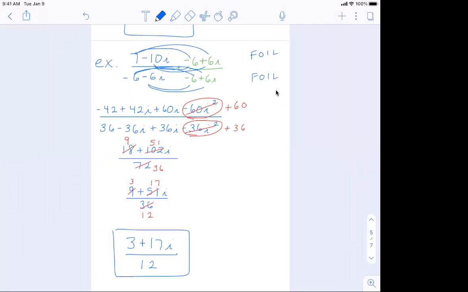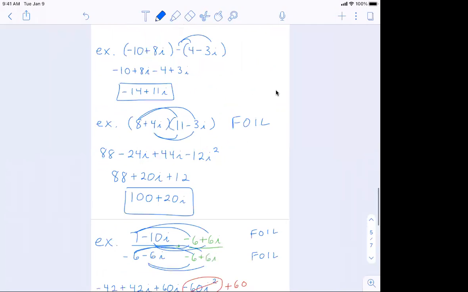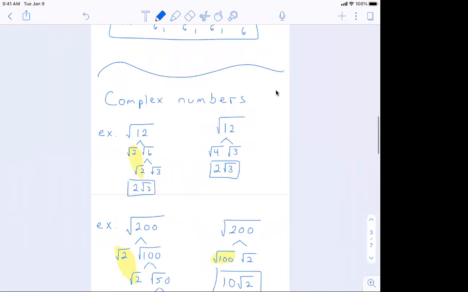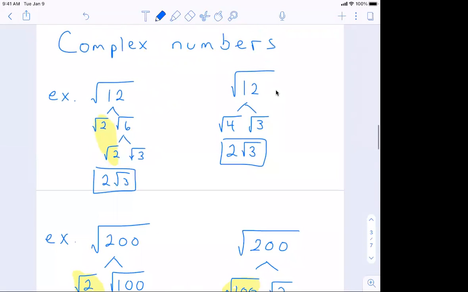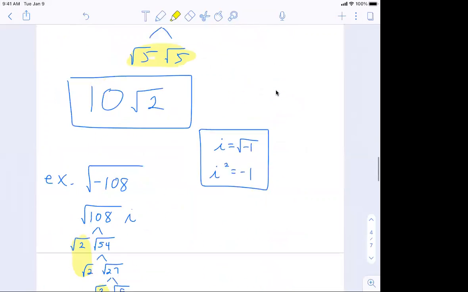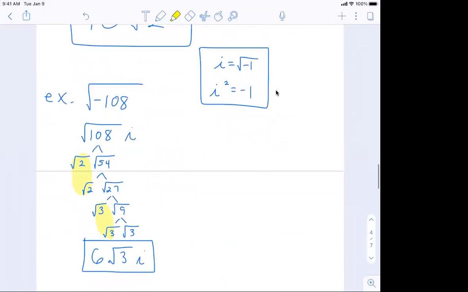So we have a bunch of different types of problems that we did. Okay, just to recap here, we started off by just doing some simplifying of radicals, but then we did it where we had a negative inside. And the only difference was the first thing we did was poke out the i, put that on the outside, and then simplify like we did before.